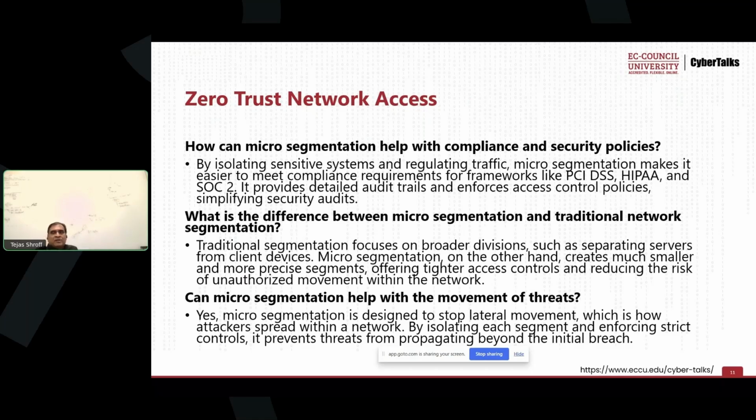Once you get inside the network, lateral movement is how you get that elevated privilege, and that lateral movement should be stopped. So you isolate each segment and enforce strict controls so the threats do not propagate beyond the initial breach. The most important thing is that threats are not able to move forward.